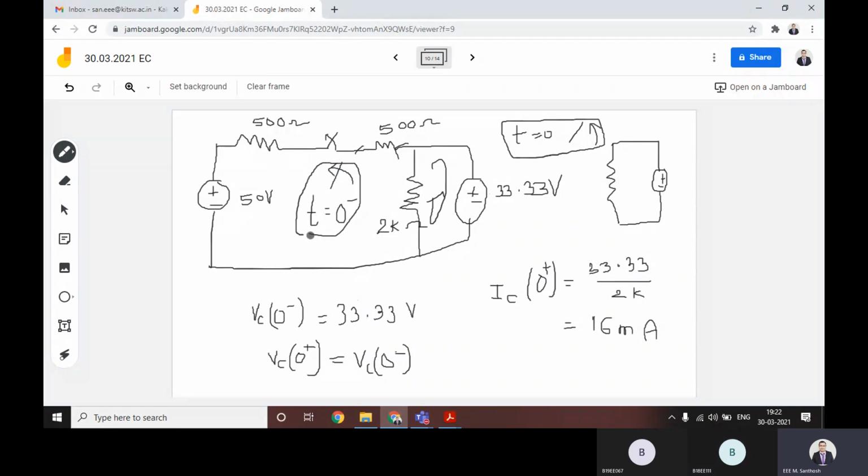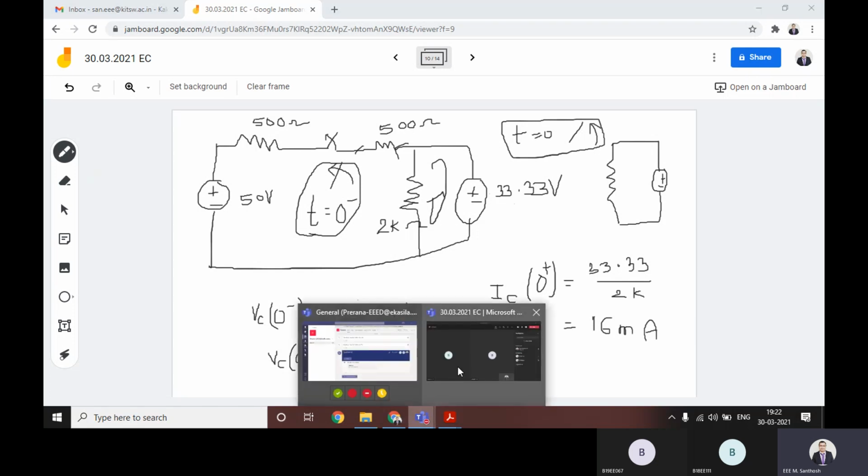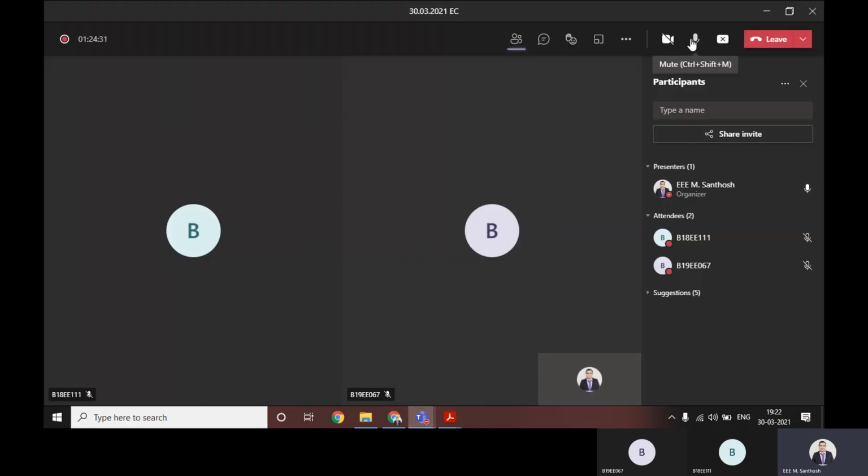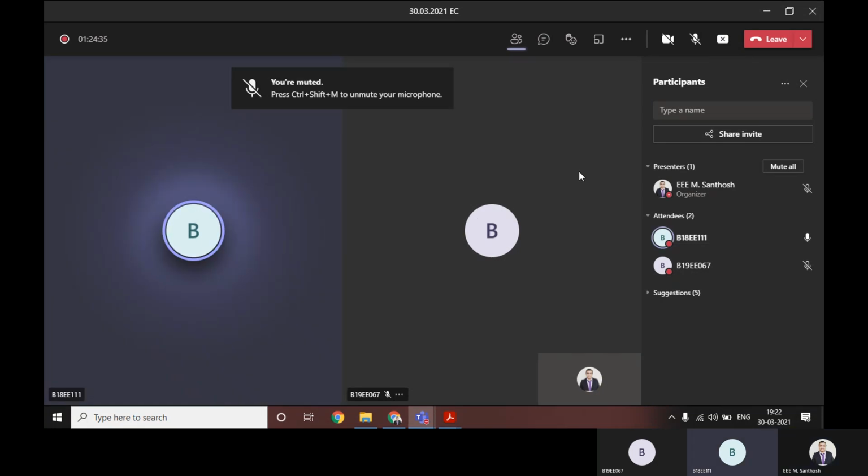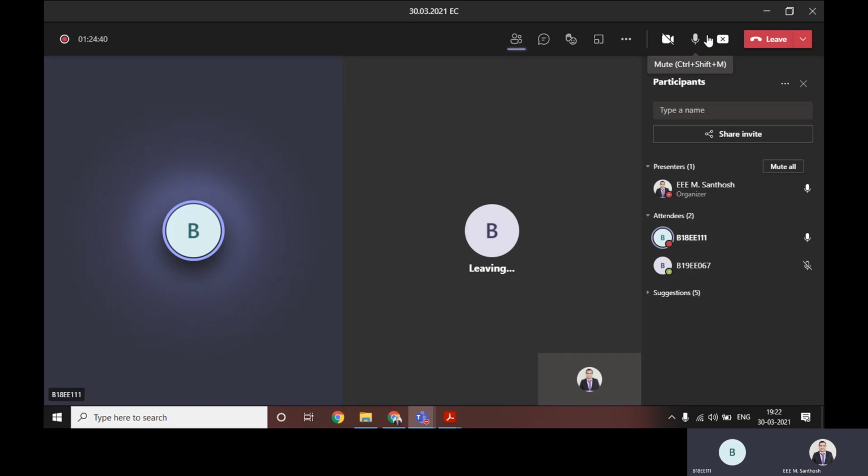Source free, we are freeing the source. For that reason, previously at 0 minus, it is at steady state with the full voltage, whatever the voltage source is delivering at steady state condition. After t is equal to 0, it is actually disconnecting the switch. For that reason, we are calling these source free circuits.